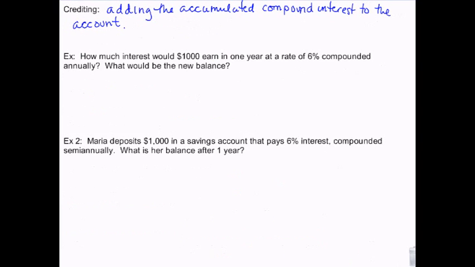Okay, crediting occurs when they actually put the money in the account. So let's say you have an account that pays daily compound interest. The bank is not going to put that money in your account every single day. What happens is the computers keep track of everything, of course, because in a savings account, unless you have a pretty substantial chunk of money in there, the daily interest is going to be in the pennies, less than $1.